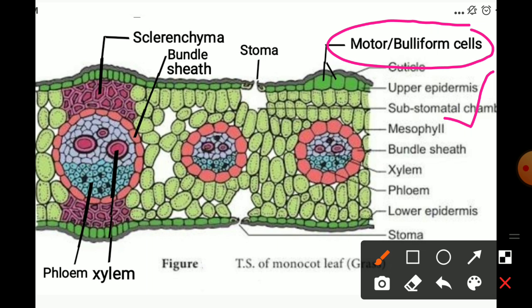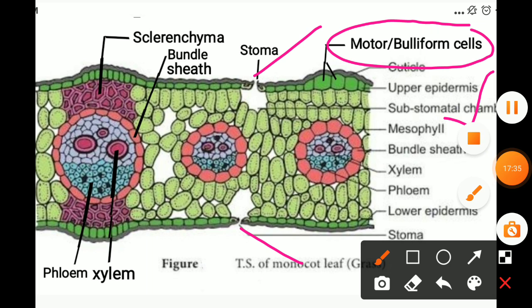Besides this feature, the monocot leaf shows stomata in both the upper epidermis and the lower epidermis. So in both skins, upper skin and lower skin, there are stomata.